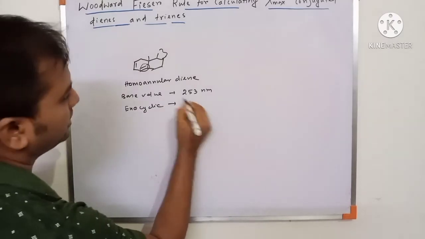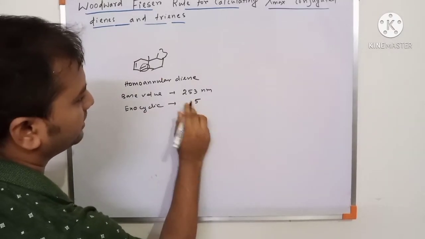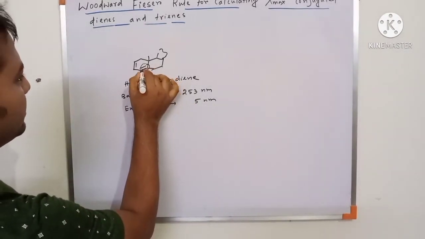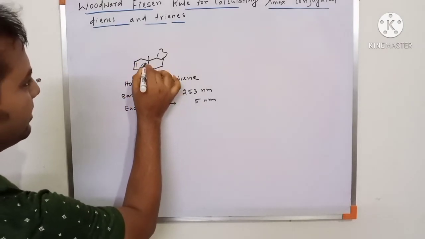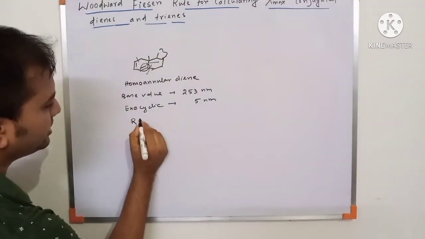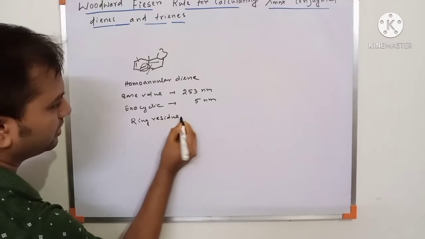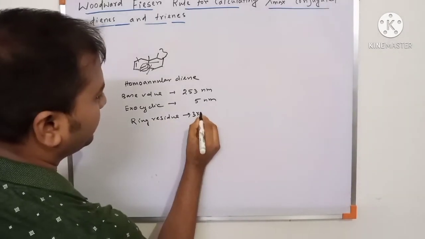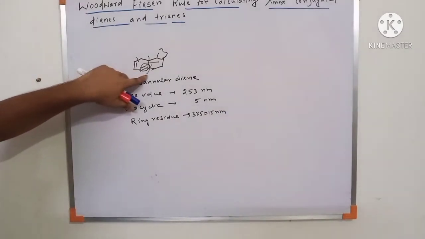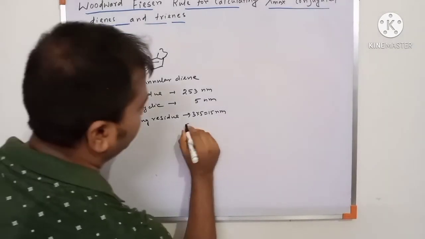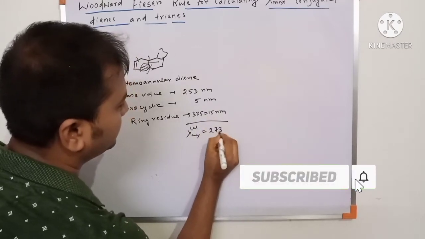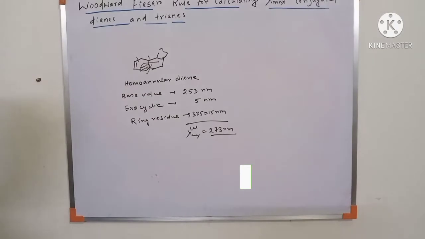Exocyclic double bond is 1, so 1 into 5 is 5 nanometer. And there is residual part: this is the conjugated part and another part, this part and this part. So 3 ring residues, 3 into 5 equals 15 nanometer. There is no double bond extending conjugation. So the calculated lambda max is 273 nanometer. This is the answer.